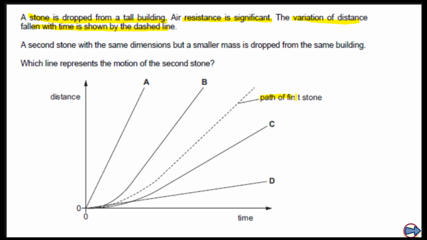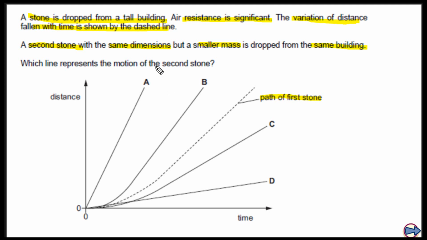And a second stone is also dropped from the same building with the same dimensions but smaller mass, and from the same building simply means the same height. So let's try to answer now how we can answer this.